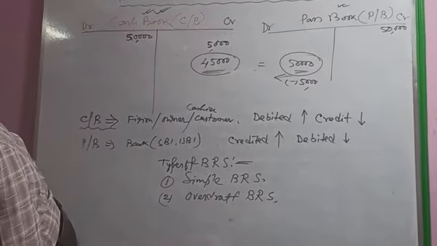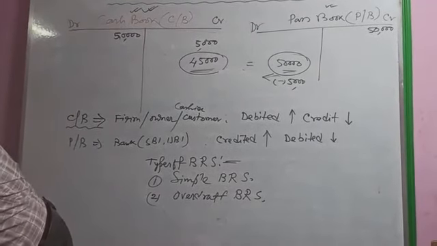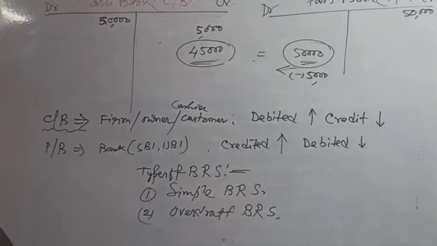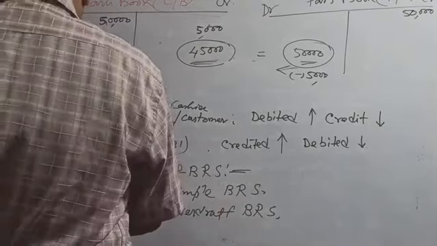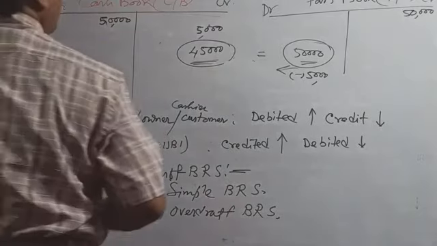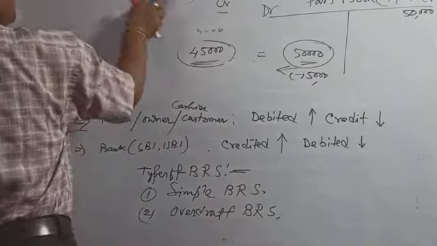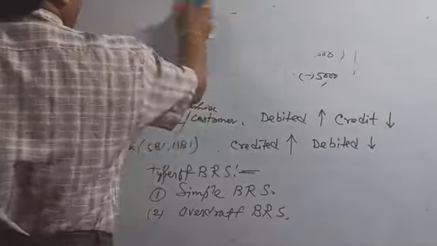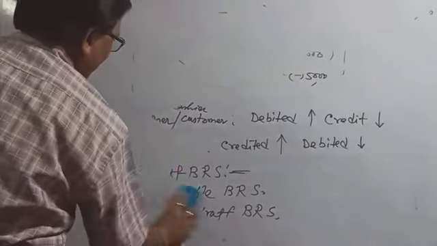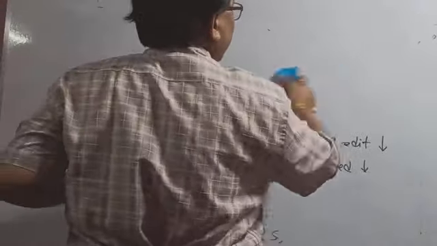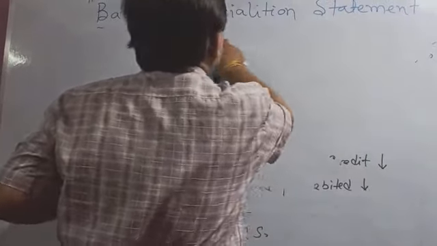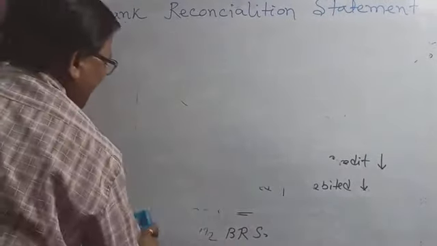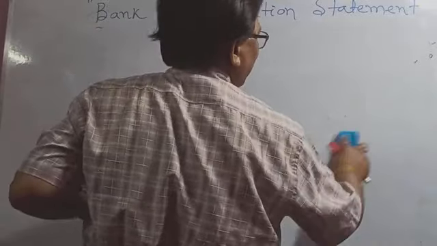First you format the BRS, the bank reconciliation statement. Either write so many books, plus item or minus item, or you write add or less. Add means plus, less means minus.